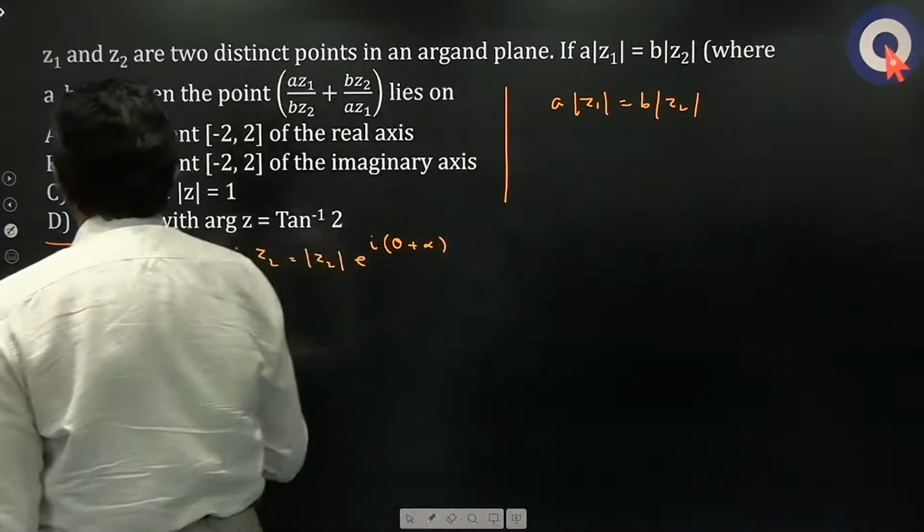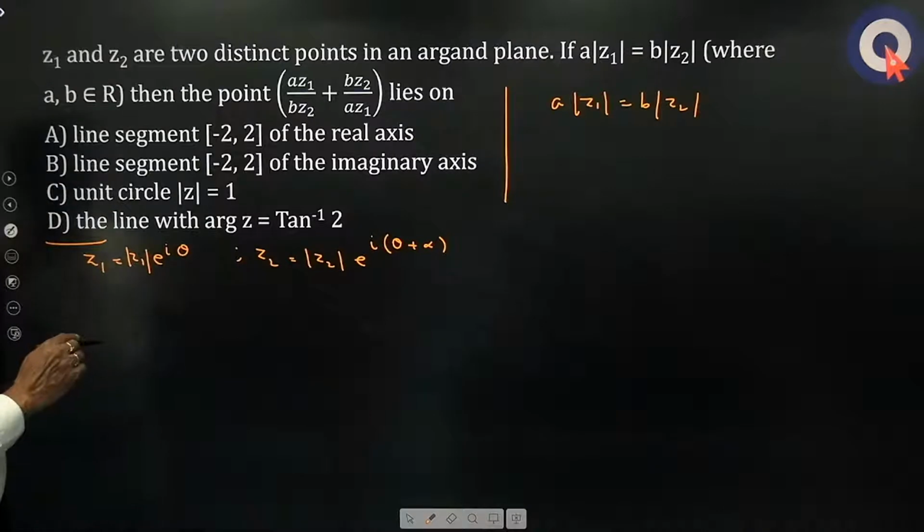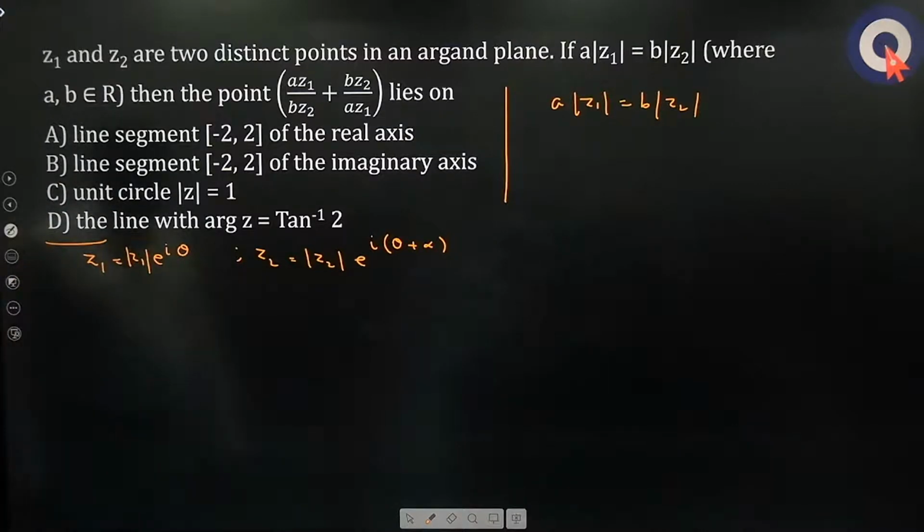So we can consider Z1 equal to mod Z1 e to the power of i theta, Z2 equal to mod Z2 into e power i into theta plus alpha.